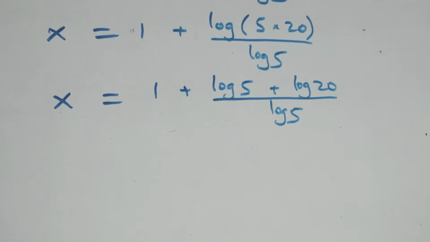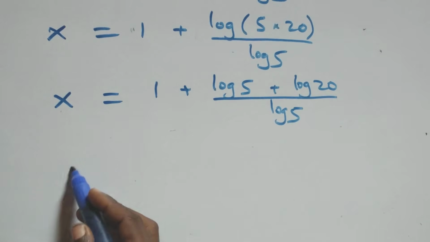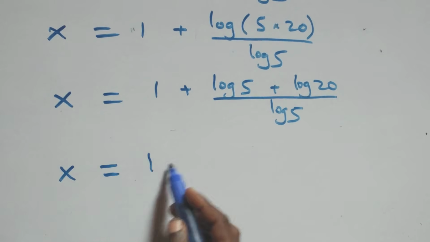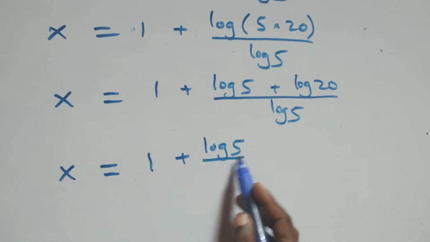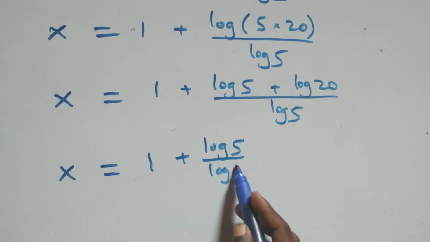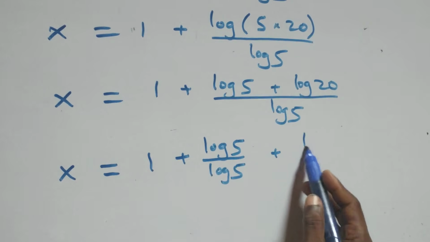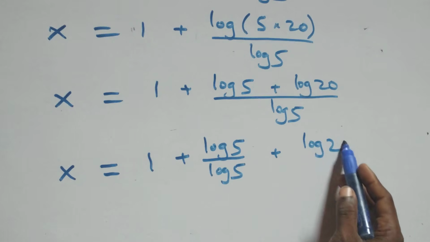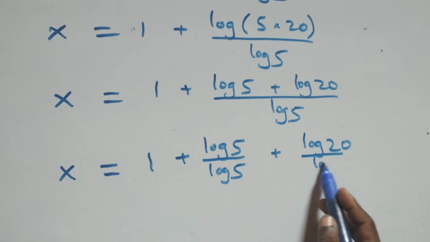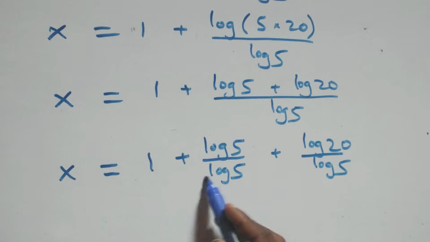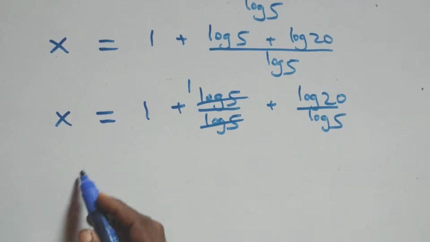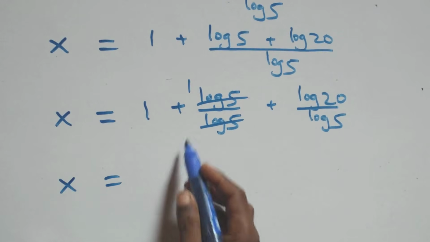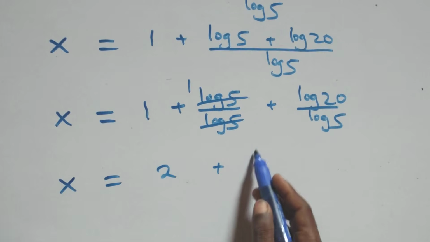Then we separate this into two fractions. We have x equals 1 plus log 5 over log 5 plus log 20 over log 5. And here log 5 cancels out.